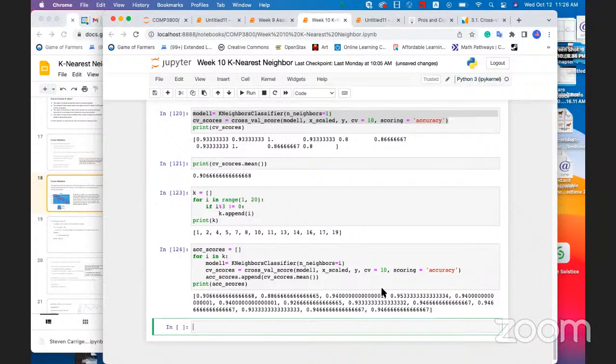So this highest accuracy score happens when k equals 4. It looks good. You can put the k value and the accuracy score in a data frame, and then you can order it in descending order to find the optimal k.